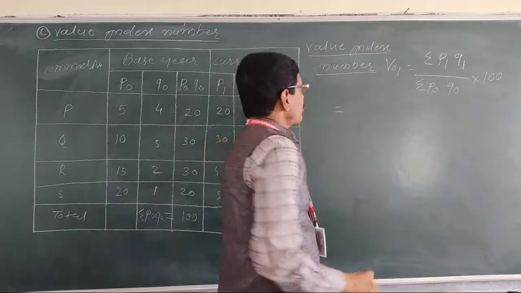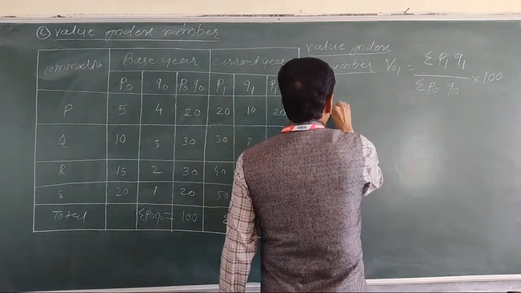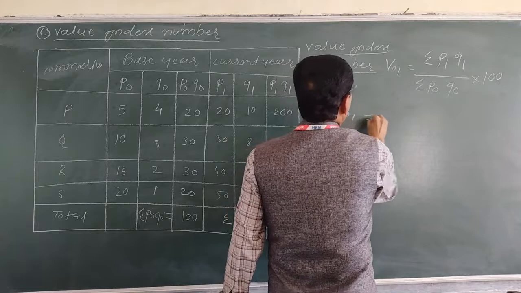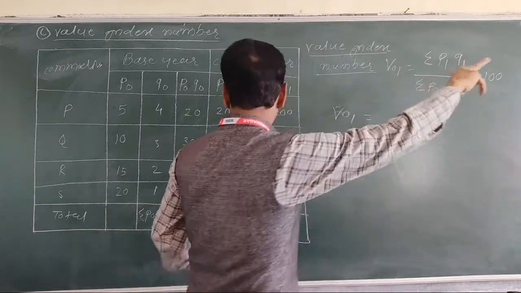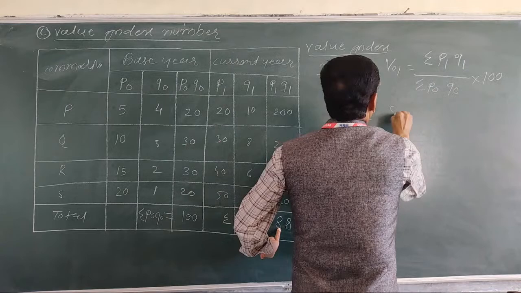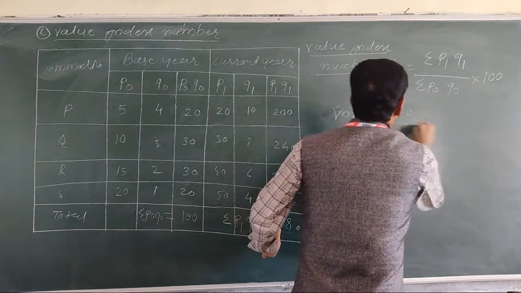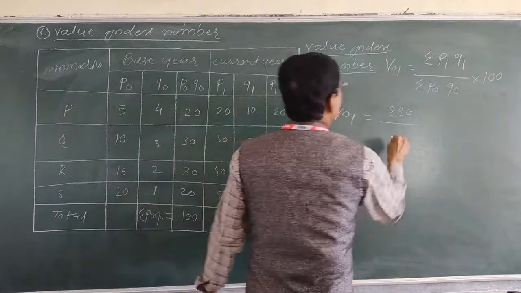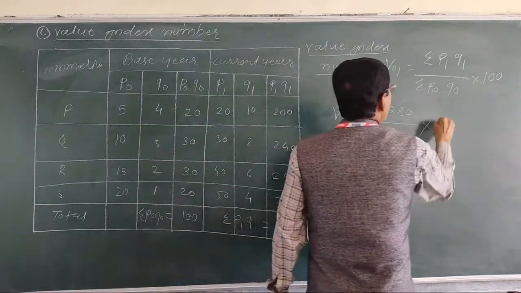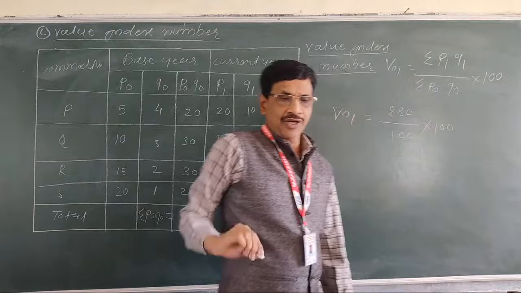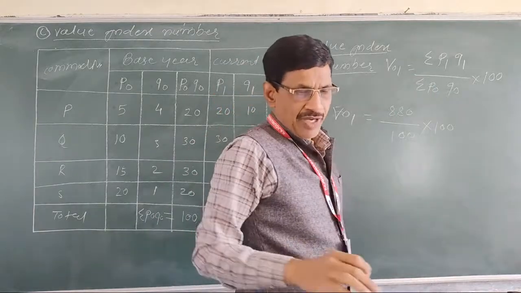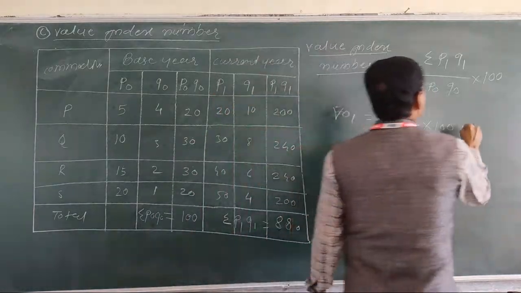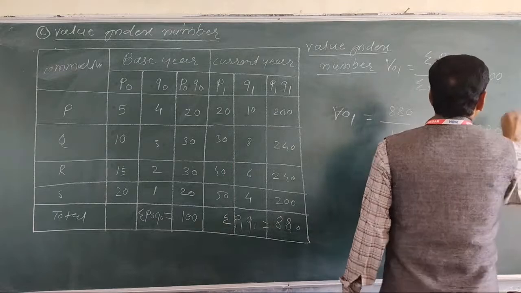Then V01 is equal to summation P1 Q1, which is 880, upon summation P0 Q0, which is 100, into 100, and so the answer is 880.